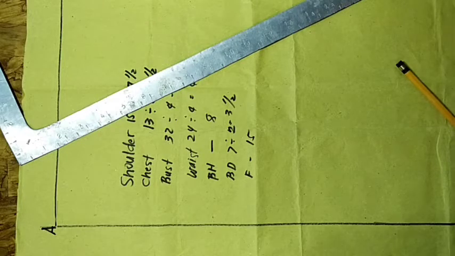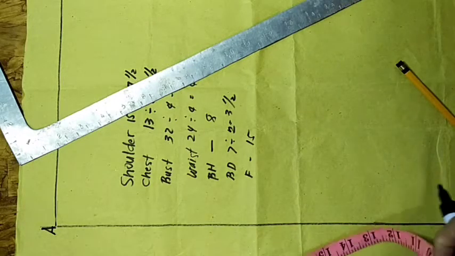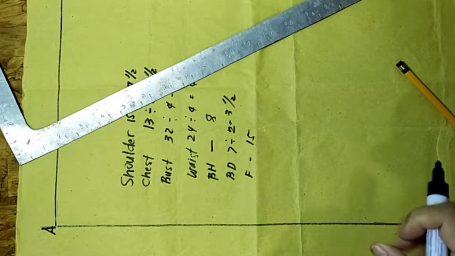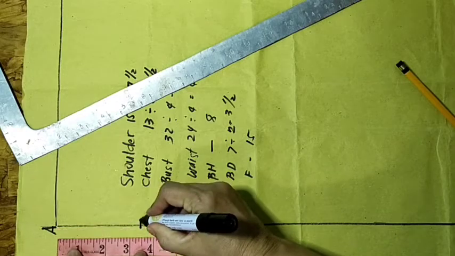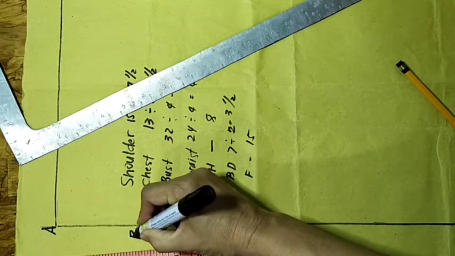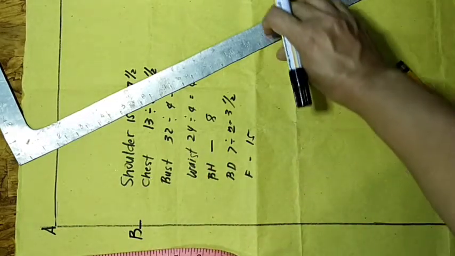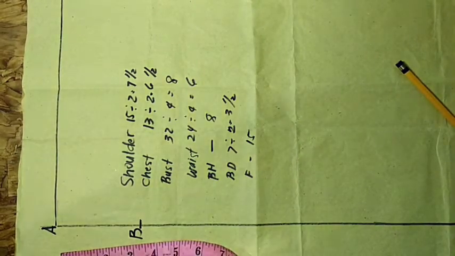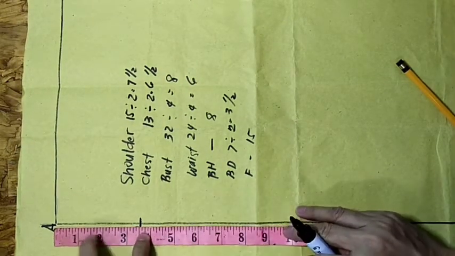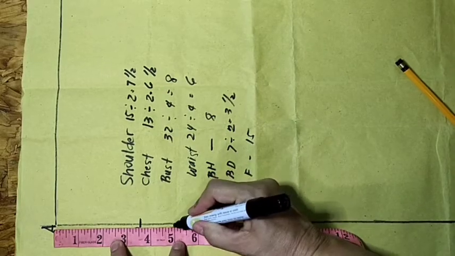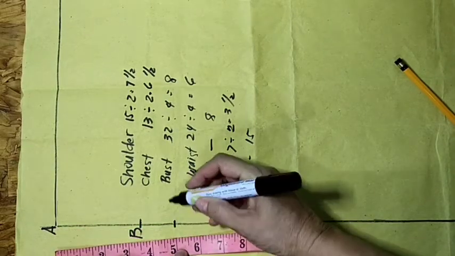Next procedure, from A downward, get 3.5 inches for the depth of neck and mark this as point B. From point A downward, measure 5 inches.